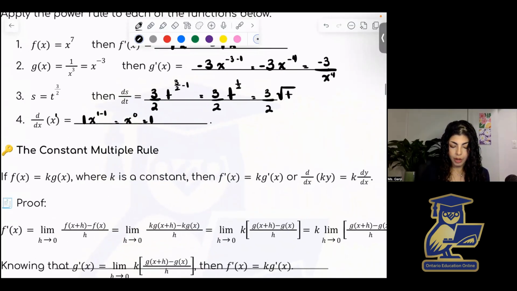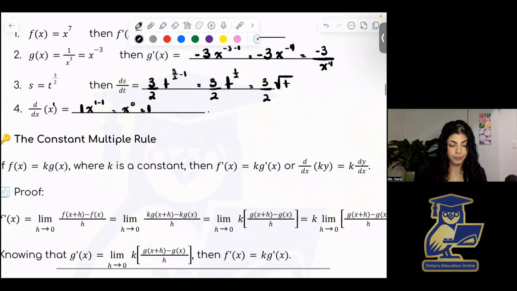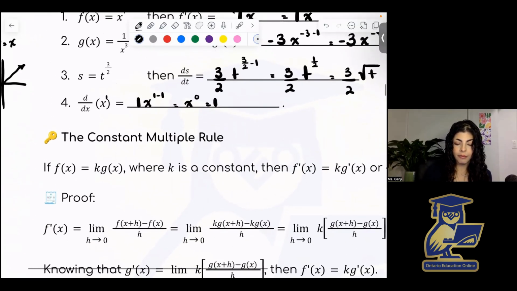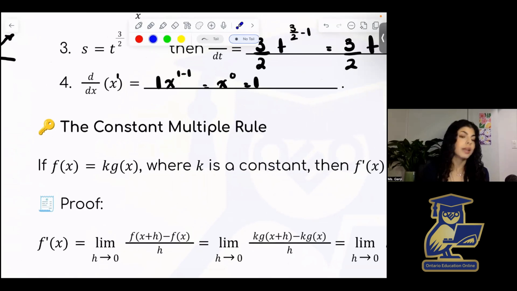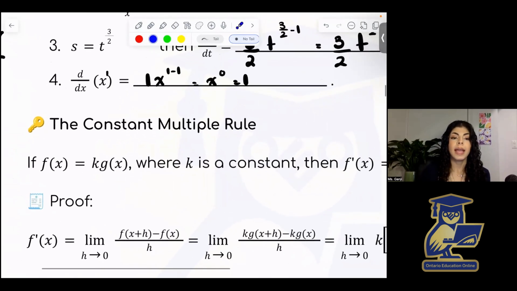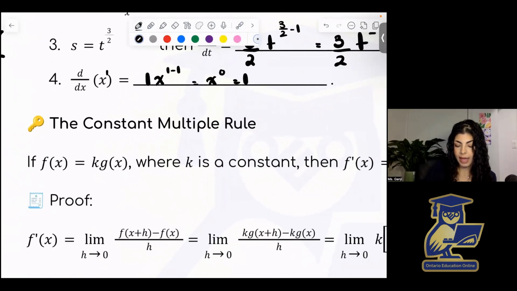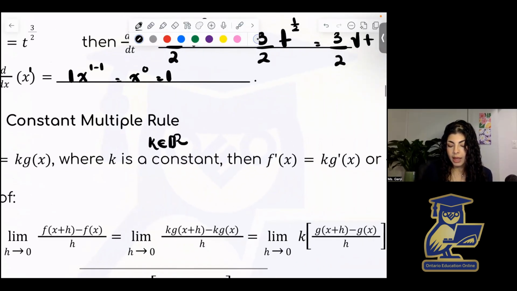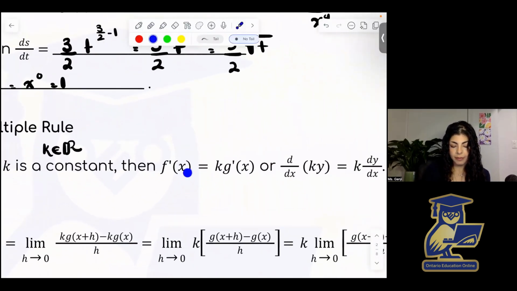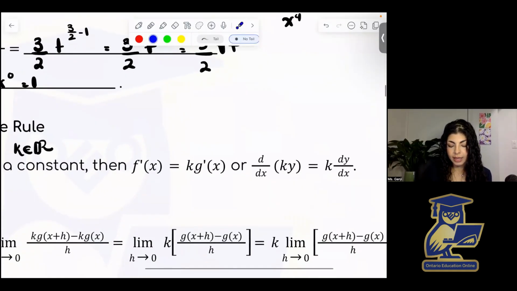Now we have our constant multiple rule. So this tells us that if a function f of x is k times g of x for another function, and k is a constant here. So again, k is any real number here. Then the derivative of f of x, or f prime x, is given by k times the derivative of g of x, so g prime x.